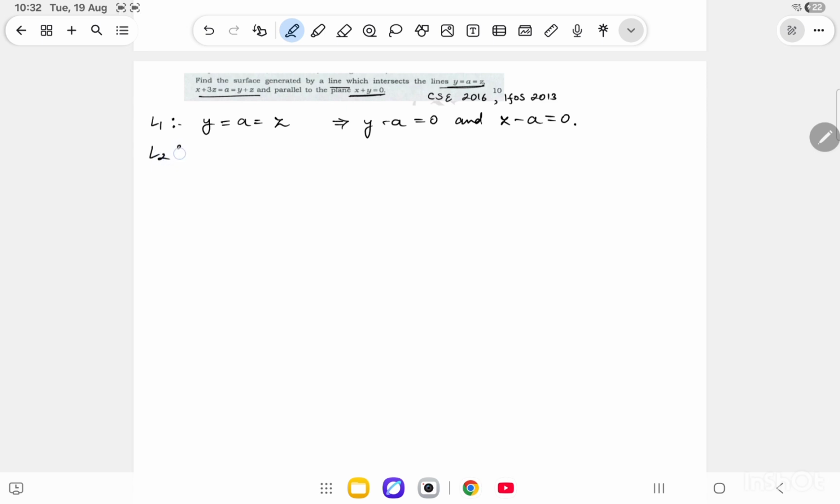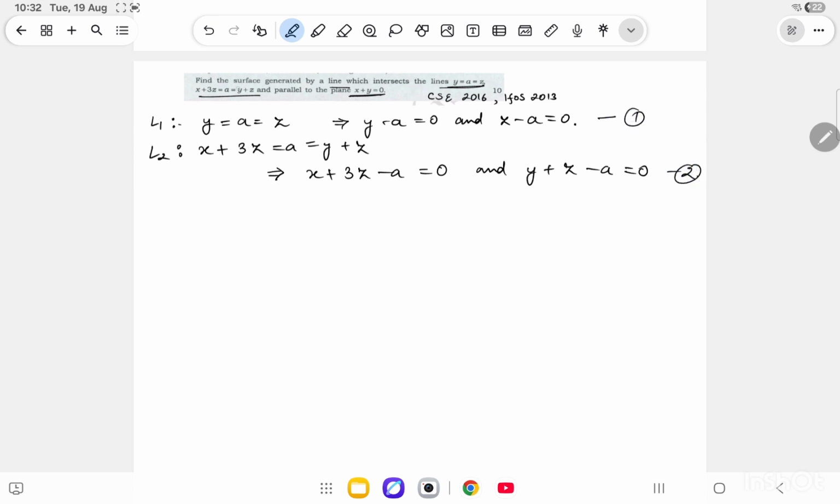And my equation of line L2 is x plus 3z equals a equals y plus z. Like we did for equation number 1, we can also write it as x plus 3z minus a equals 0 and y plus z minus a equals 0. Let us name it as 1 and this one is 2.